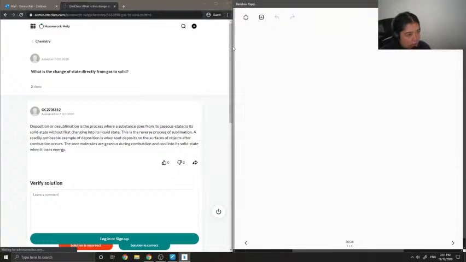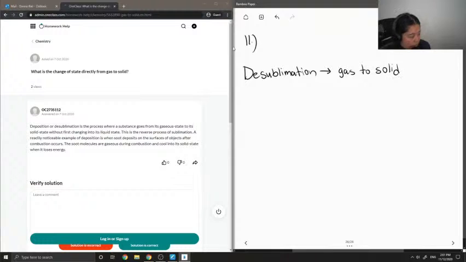Okay, so on to question 11. What is the change of state directly from gas to solid? So this is called desublimation. I'll write out an example.